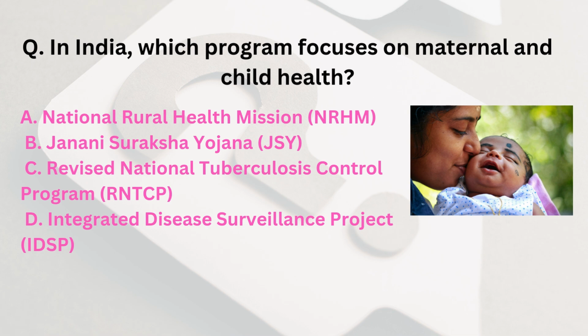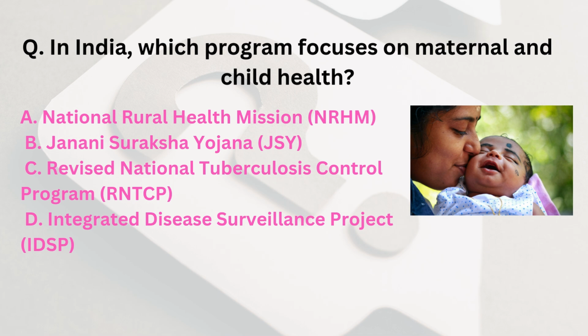Next question. In India, which program focuses on maternal and child health? Options are National Rural Health Mission, that is NRHM, Janani Suraksha Yojana, JSY, Revised National Tuberculosis Control Program, that is RNTCP, Integrated Disease Surveillance Project, that is IDSP.